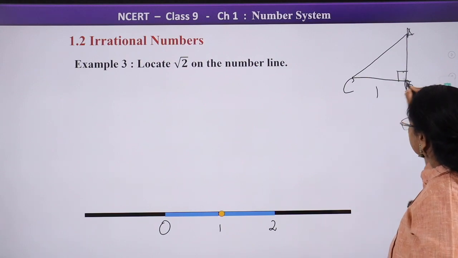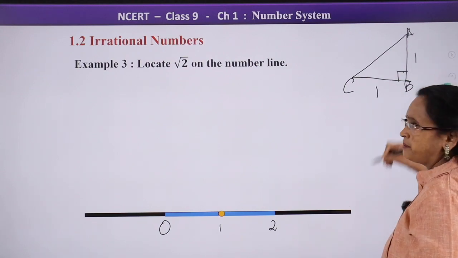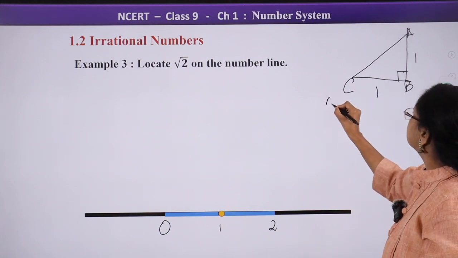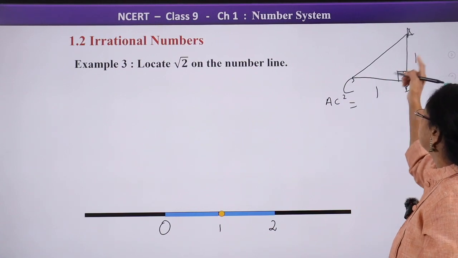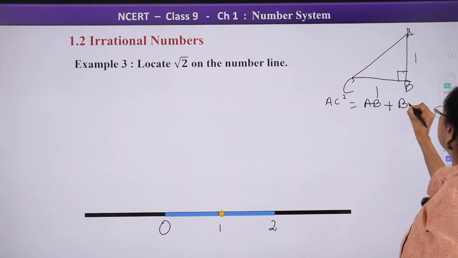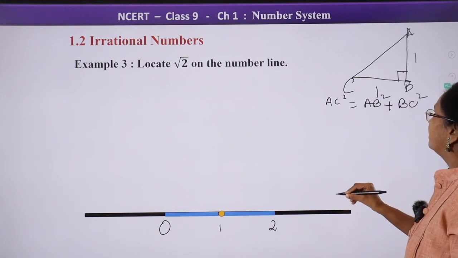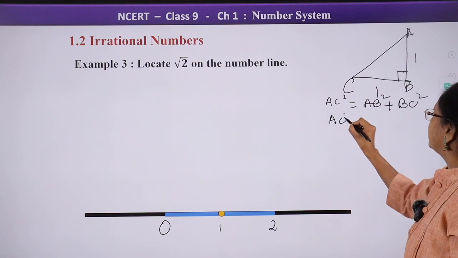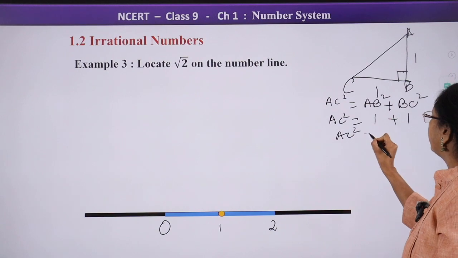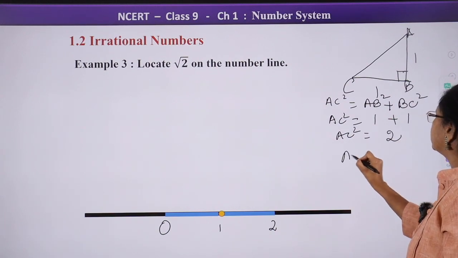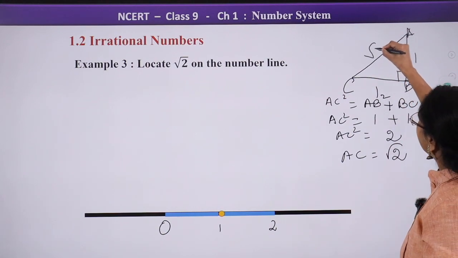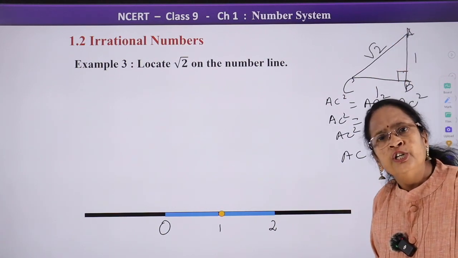I have taken 1 centimeter here and 1 centimeter here. According to Pythagoras theorem, AC square is equal to AB square plus BC square. So, AC square is equal to 1 square plus 1 square, AC square is equal to 2, AC is equal to root 2. So, I get this as root 2.